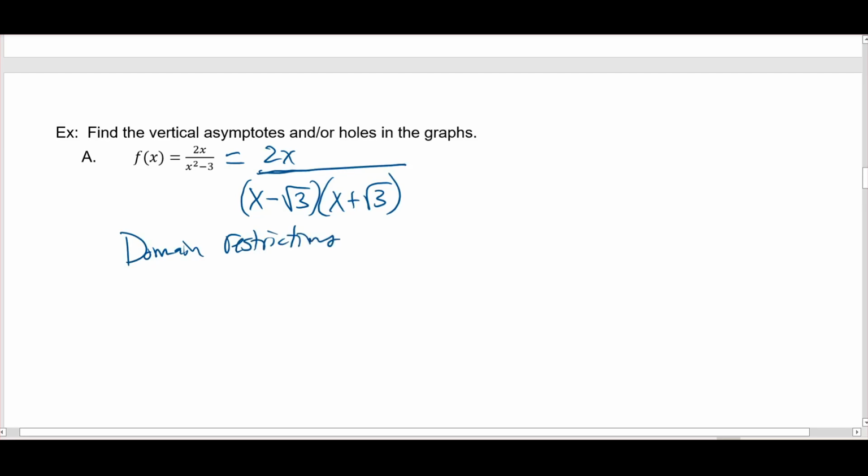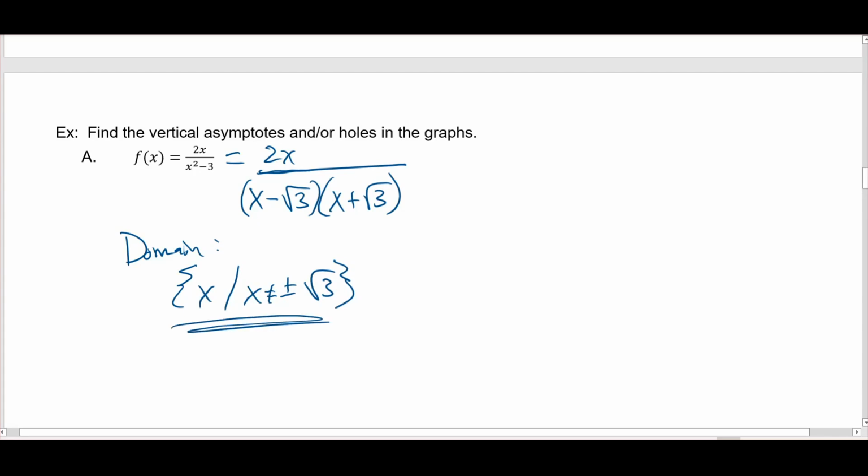Or maybe I can just write what the domain is, right? So set of all x so that x can't be plus or minus square root of 3. Okay, so we found our domain restrictions. That is wonderful. There they are. And if we really want to, we can write this as an interval. Let's not right now because that's not really the point.